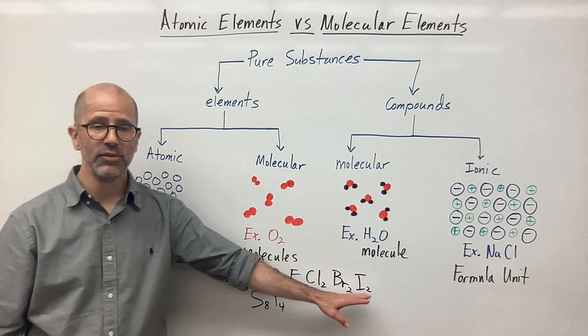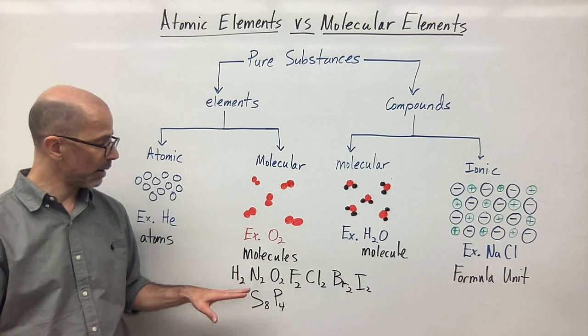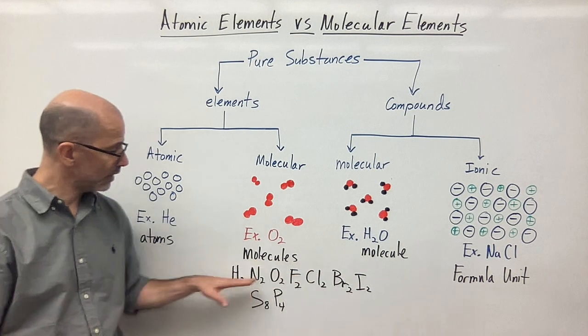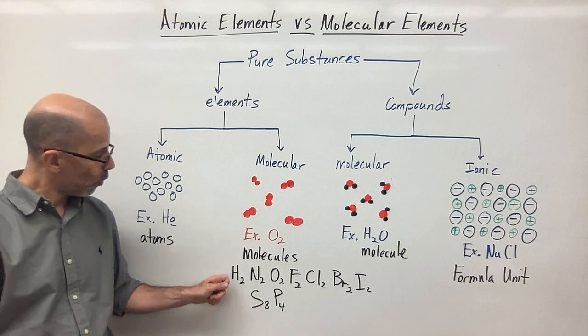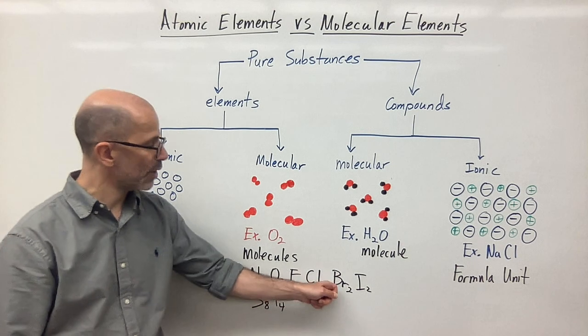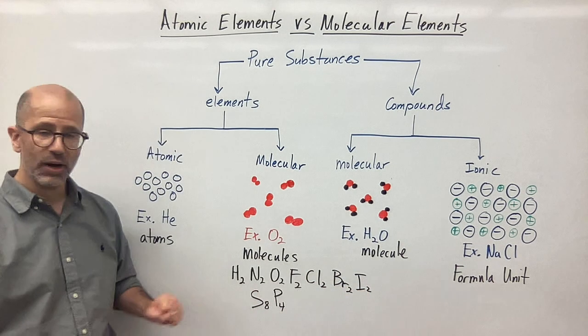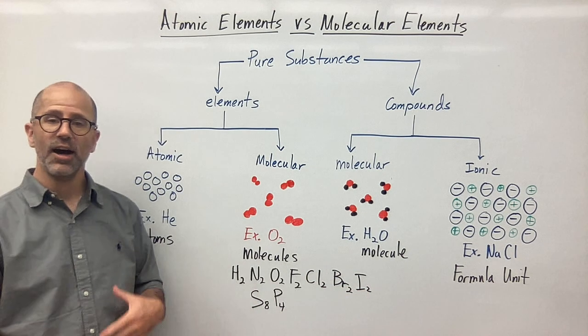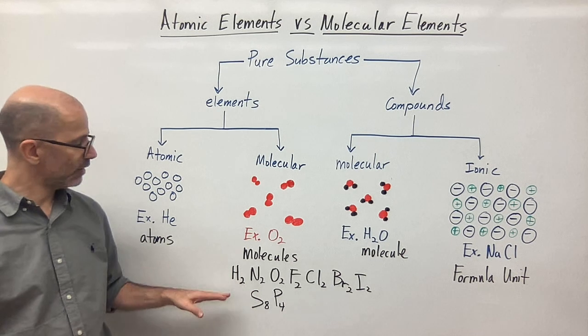So there's a nice mnemonic device that you can use to remember these 7, and that is: horses need oats for clear brown eyes, right? If you can remember that phrase, those are the 7 elements.